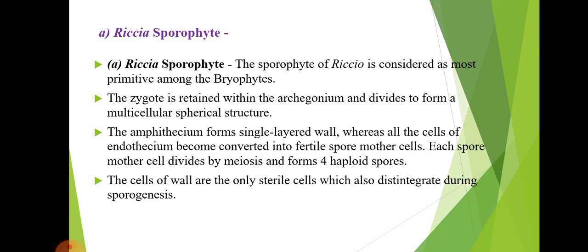The amphithecium forms a single layered wall, whereas all the cells of the endothecium become converted into fertile spore mother cells. Each spore mother cell divides by meiosis and forms four haploid spores. The cells of the wall are the only sterile cells, which also disintegrate during sporogenesis.